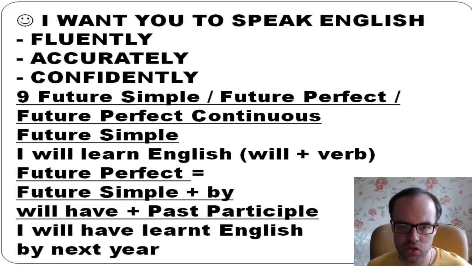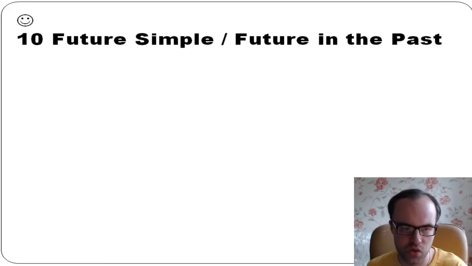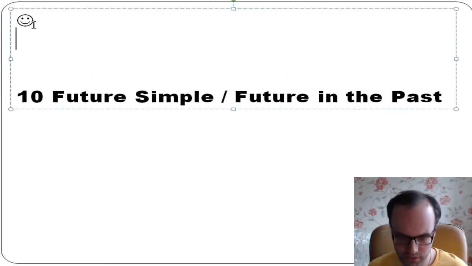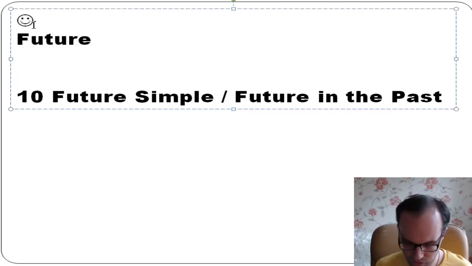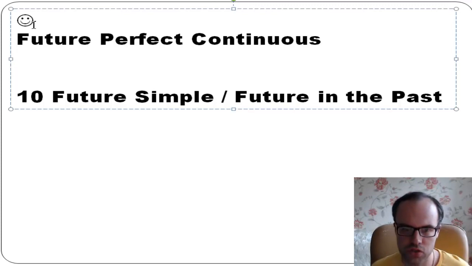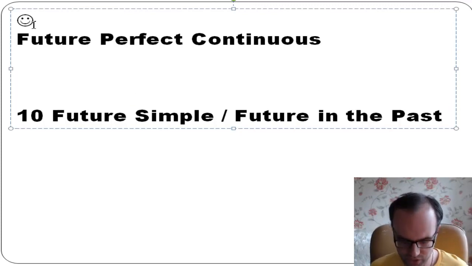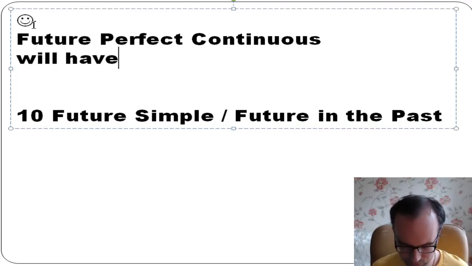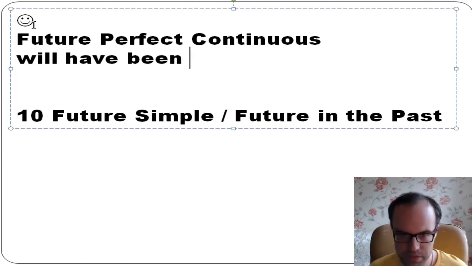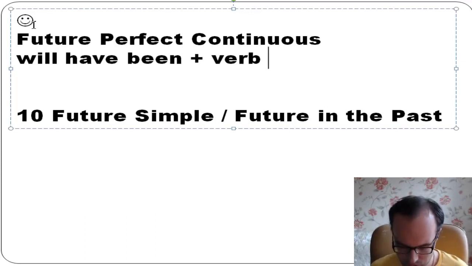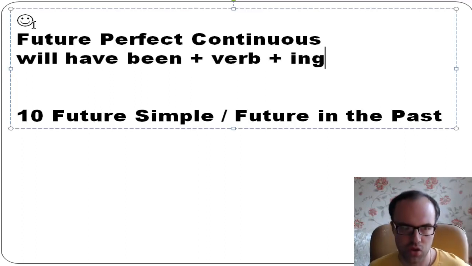Well, and what about future perfect continuous? If you want to say it in future perfect continuous, you need to say will have plus been plus verb plus ing.